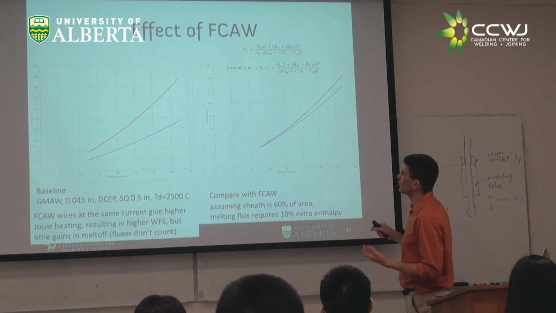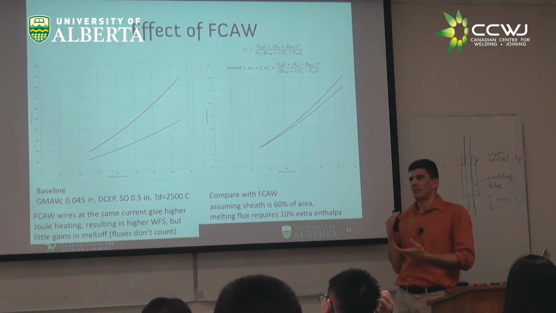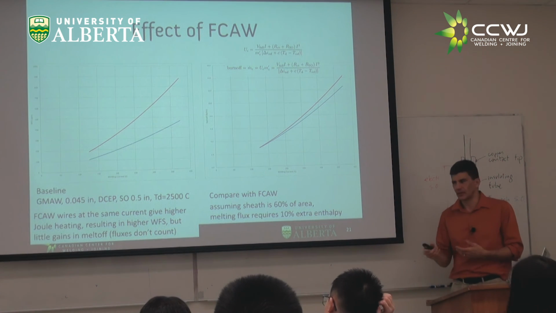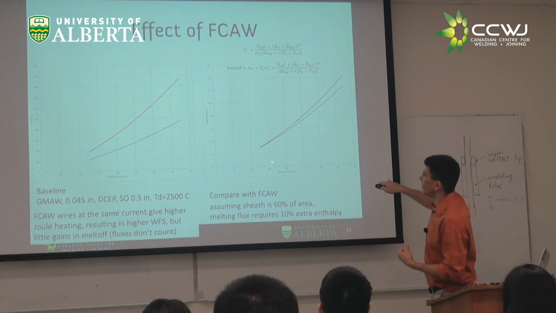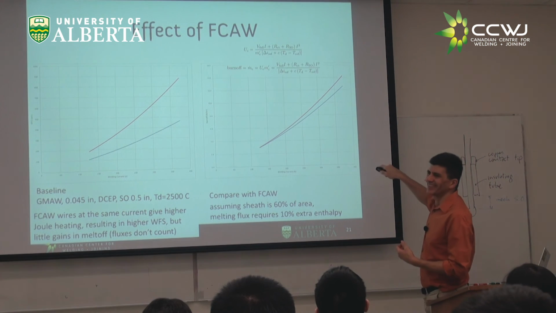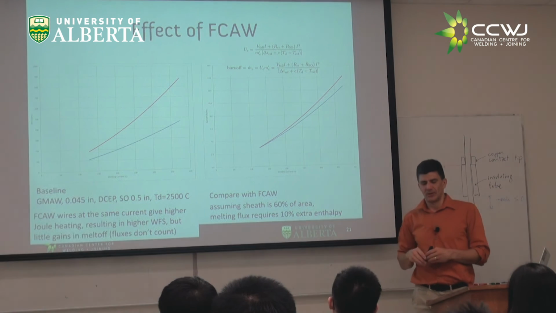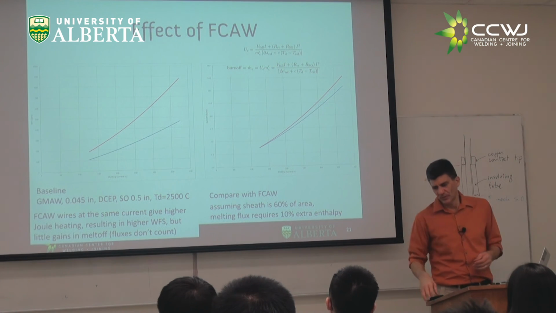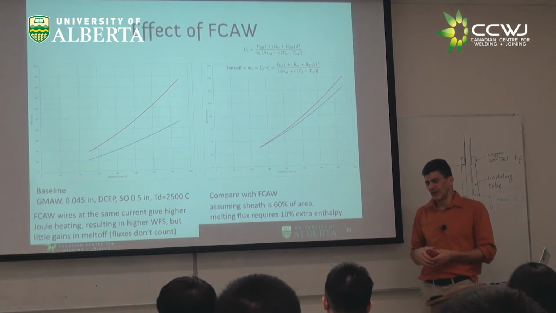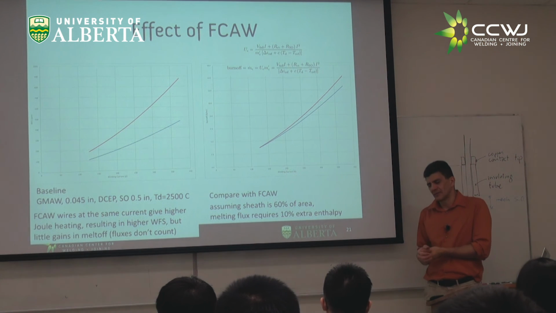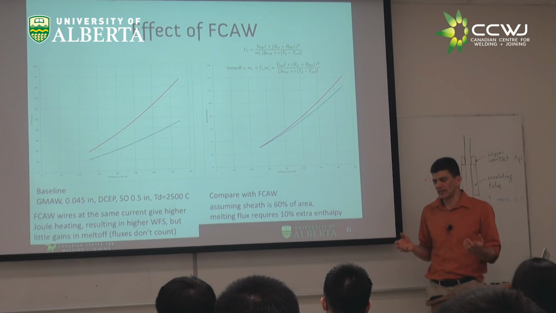But when you compare the pounds per hour, the deposition rate, the burn off, now it's more or less the same. Right? You're not any better. And the reason is the wire has less metal, so you move faster, you're more or less even.